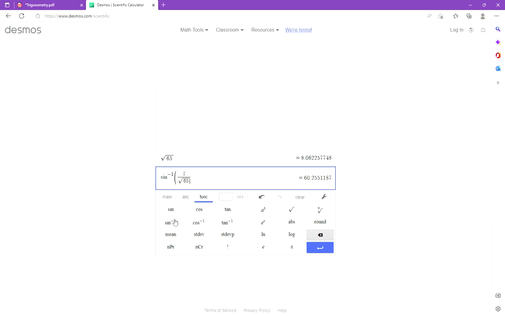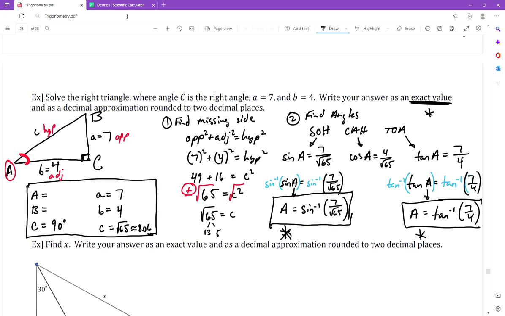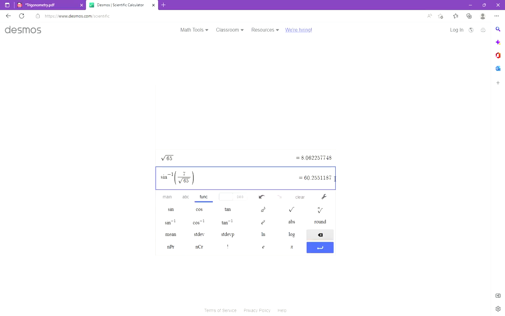Let me double check. Yeah, 7 over the square root of 65, and it gives us that angle, 60.26 to 2 decimals. Now let's see if it gives us the same thing with the tangent. So it was 7 divided by 4. Yeah, look at that, same thing.